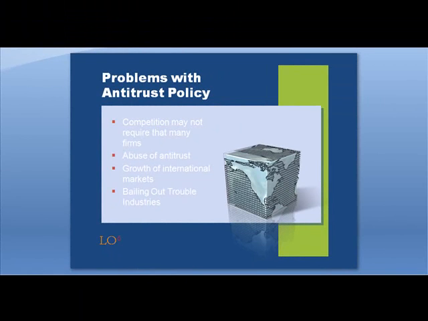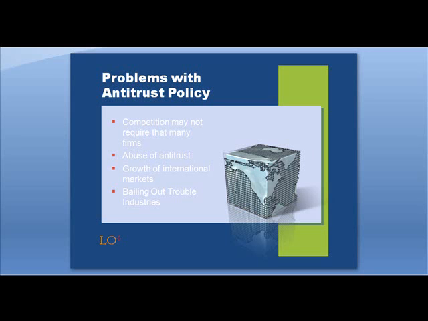We also see that oftentimes there's abuse of antitrust to punish a competitor, or for special interest groups to go after a particular guy who may not be playing the game with them. We also find that international markets make huge barriers for antitrust law because it's hard to punish someone who's not in your own market due to different laws.